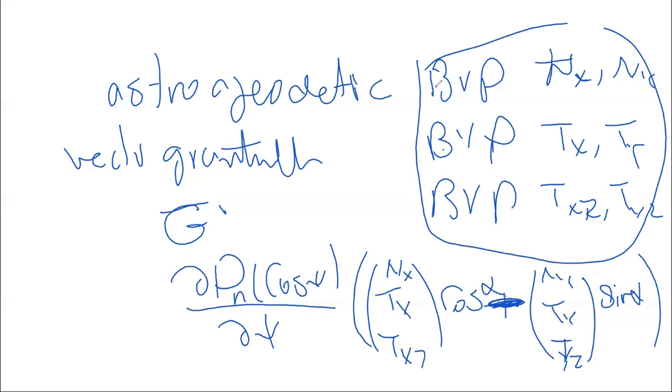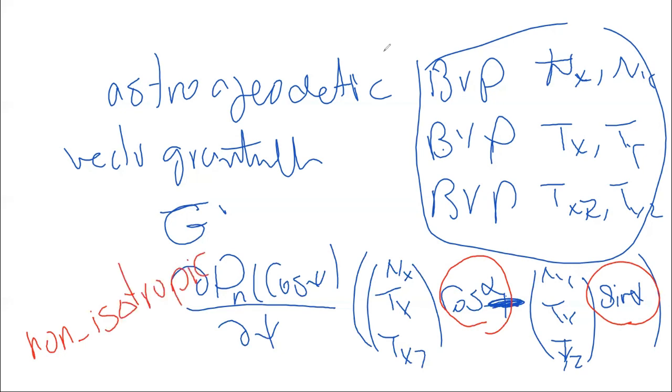So what does it mean? It means this. These kernels are non-isotropic. When they are non-isotropic, they are normally bell-shaped.